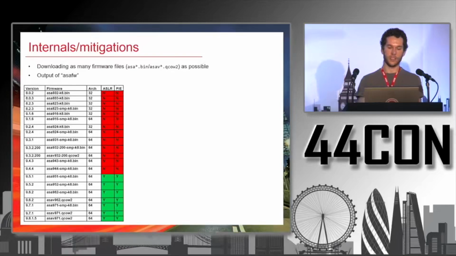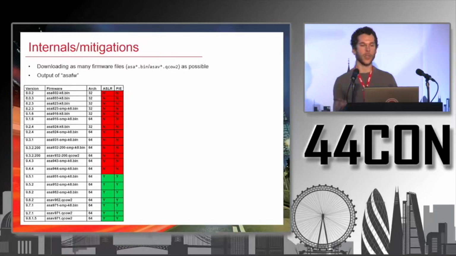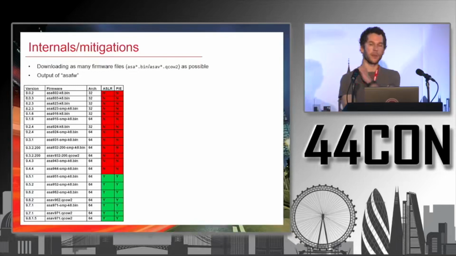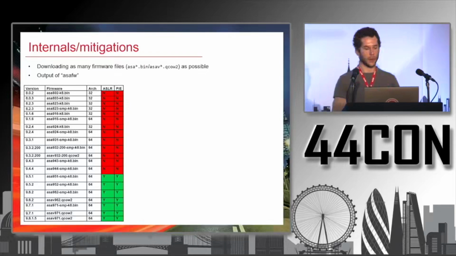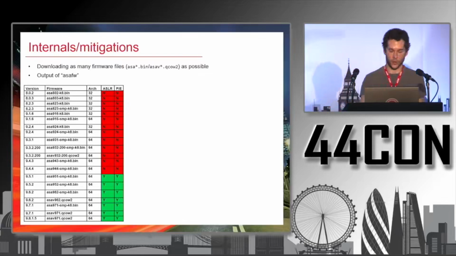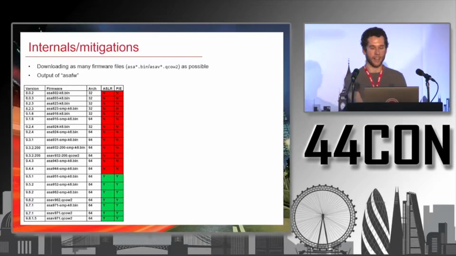What is interesting as well is that they enabled the position-independent executable, the PIE, in LINA itself, meaning they did it well. They enabled ASLR both on the Linux kernel part and on the binary, which is what you're supposed to do. So you actually have ASLR enabled for your binary.